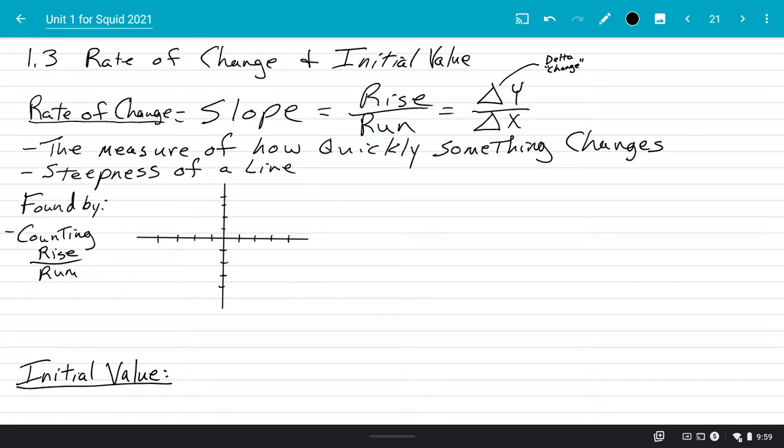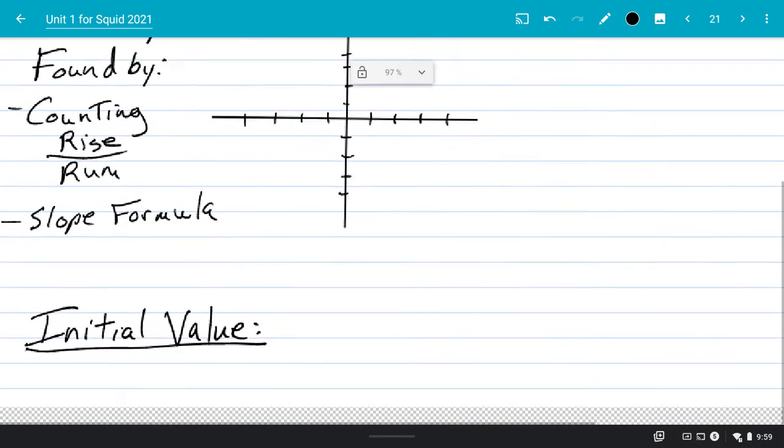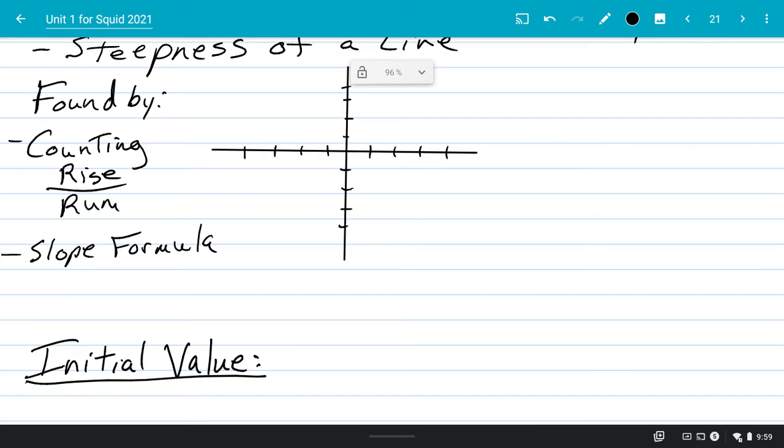And the second way is by using the slope formula. What is the slope formula then, you may ask? Well, it's y2 minus y1 over x2 minus x1.